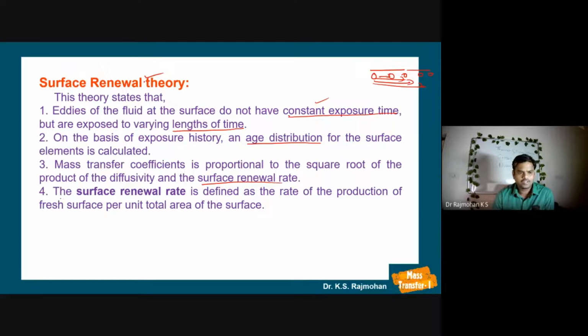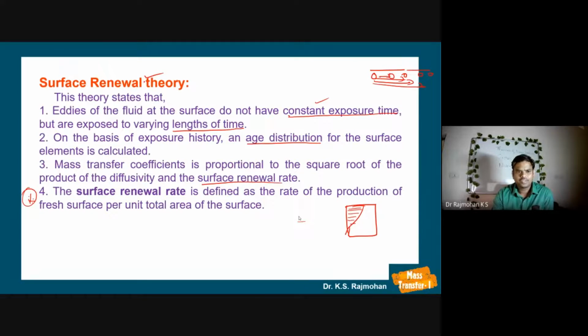If this much area is available, how much area is freshly prepared every second. It is the rate of production of fresh surface area per unit total area available at the surface.